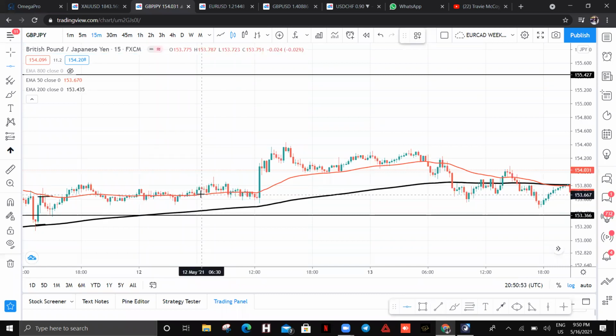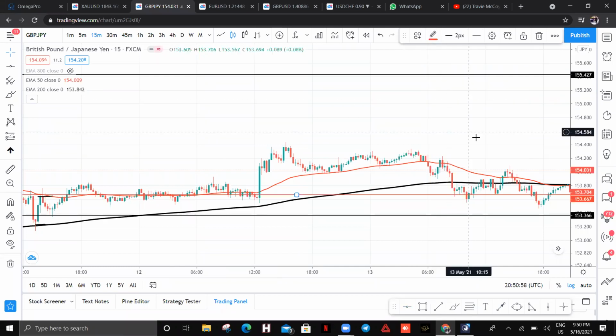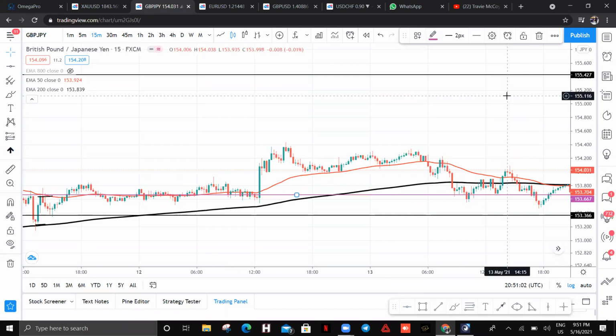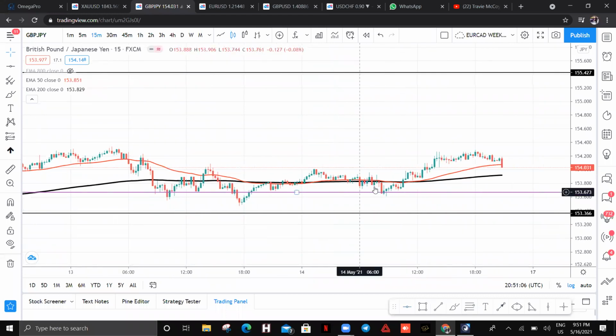Let's say you entered from here. Let me change the color to red. Or let me change it to a better color, purple. Let's say you entered from there. So you're already in some profits.